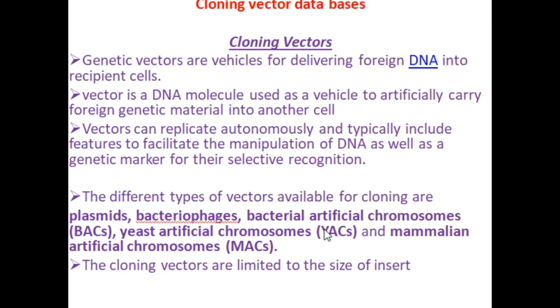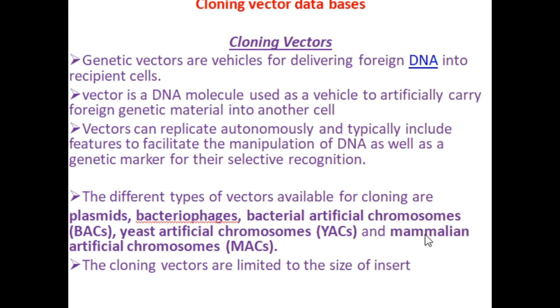There are different types of cloning vectors: plasmids, bacteriophages, bacterial artificial chromosomes (BAC or PAC), yeast artificial chromosomes, and mammalian artificial chromosomes.